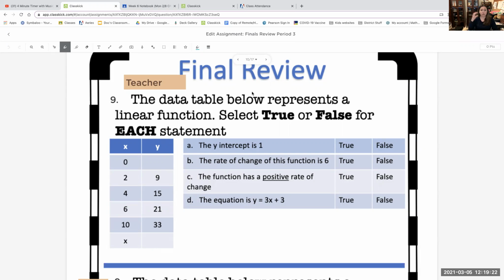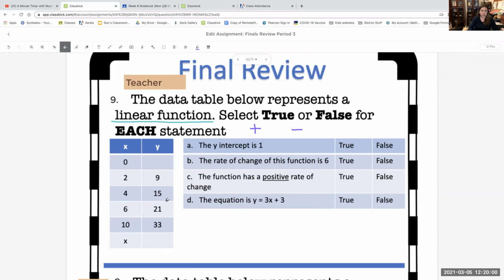First and second period, you've already done this one, but I went too fast. Reading the directions, it says the data table below represents a linear function. Since it says linear, we know we're dealing with either an adding or a subtraction problem. Then I just have to say whether the statement is true or false. Looking at my numbers, it's 9, 15, 21, 33.